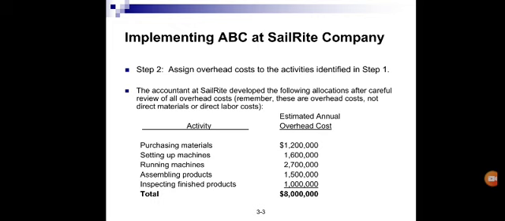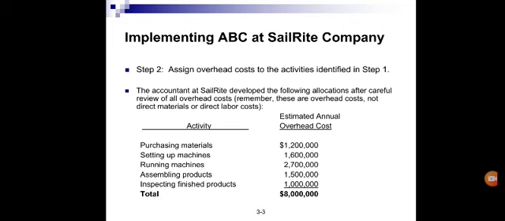So this business is doing that kind of practice. They have prepared a budget. They have said that the total overhead cost is $8 million. So the step 2 is you have to divide this $8 million into these 5 activities.